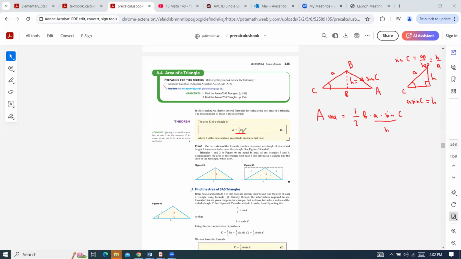The height H is the same as A times sine of C, and B stays by itself. A, B, B, A, same thing. So technically, just the way we define sine as opposite over the hypotenuse is what is here.